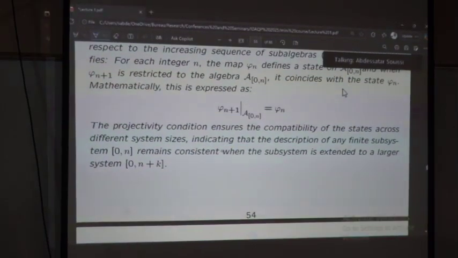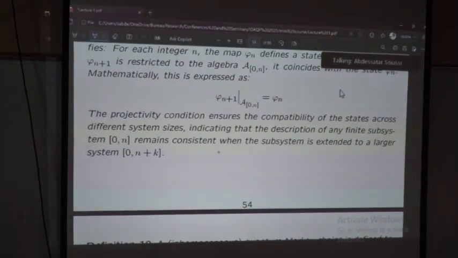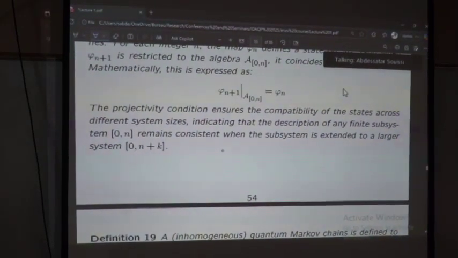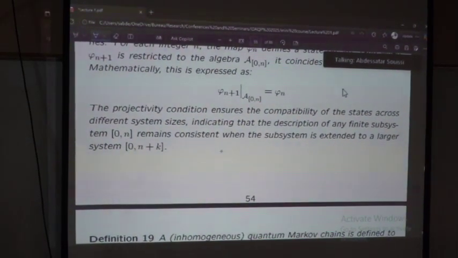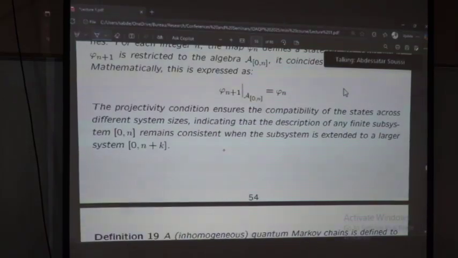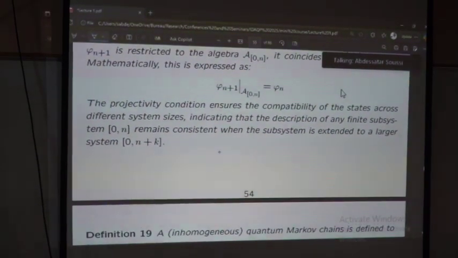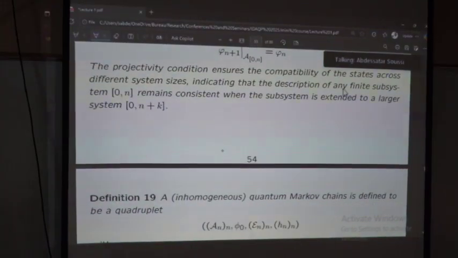And this predictive condition is important in defining many classes of quantum chains in connection with phase transitions and other phenomena or spin models, as you will see in the last lecture.